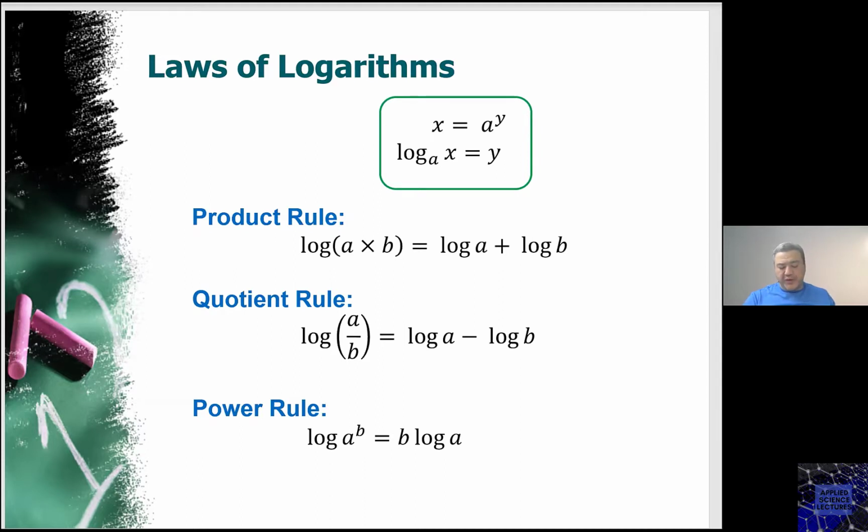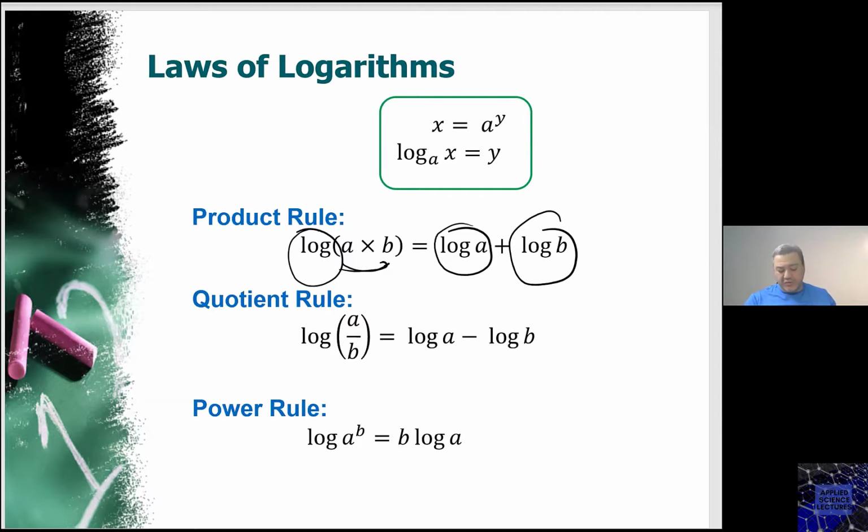So let's look at those rules. The product rule: if I have a product and I'm taking the logarithm of this product, then it will be the logarithm of the first plus the logarithm of the second.